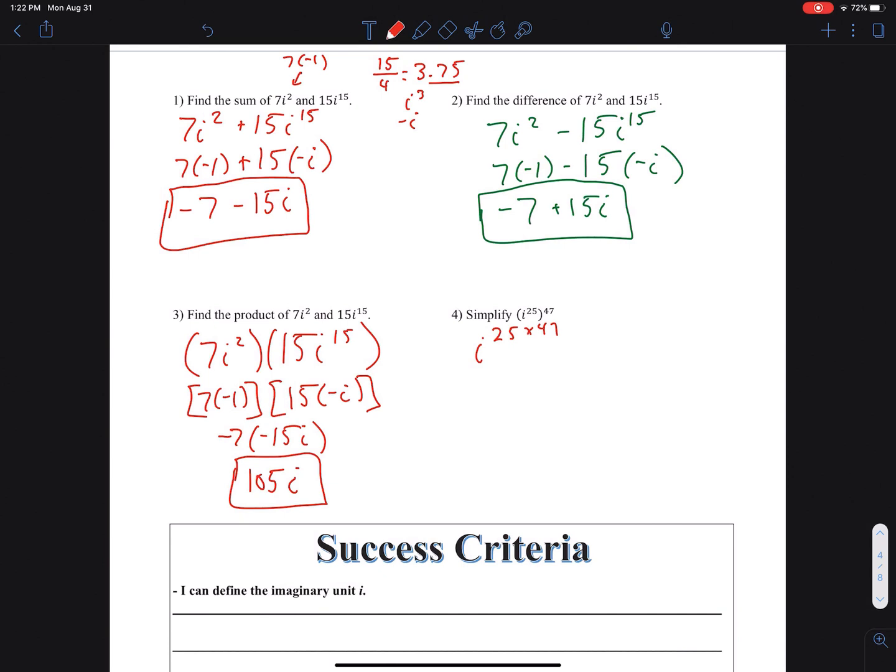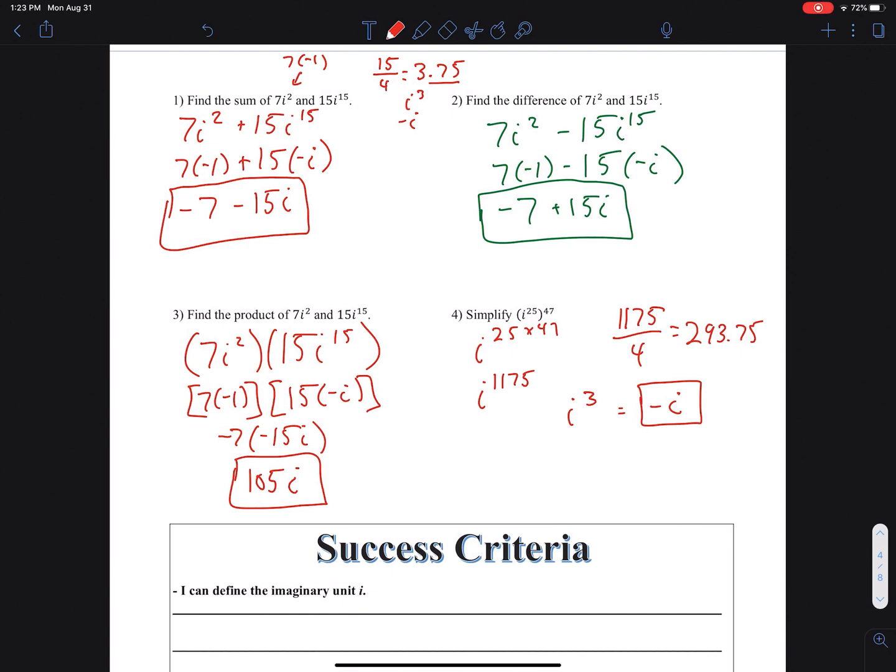And 25 times 47 would be 1,175. That's a large exponent, but let's just simplify it. Divide it by 4, see how many quarters we have remaining. That would be 293.75. So that just becomes i to the 3rd, which is -i. So that large exponent just simplifies to -i.